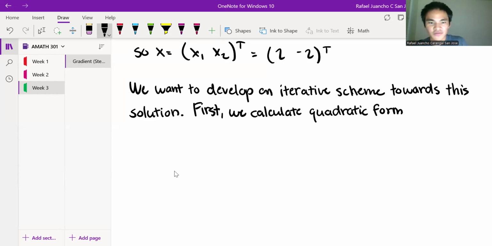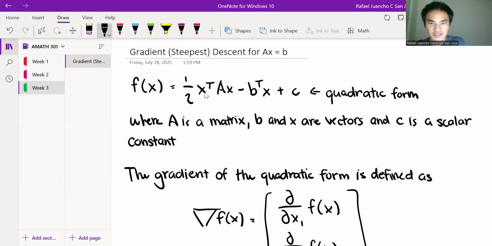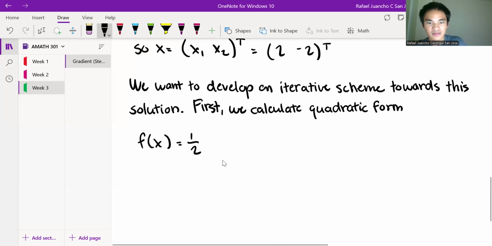So we're actually just using the formula that we have. We have f of x is equal to 1/2 of my x transpose, some x value, x1, x2 transpose. I'm just completing the whole thing.